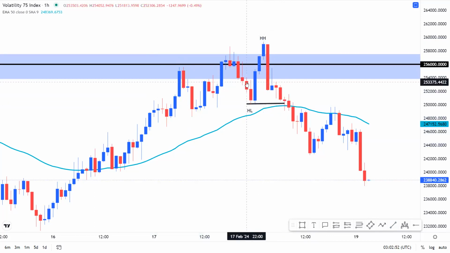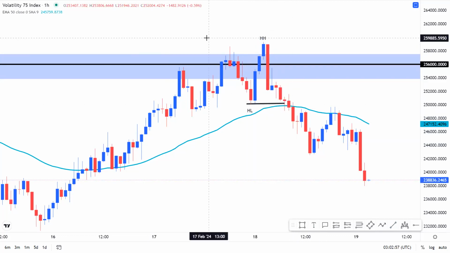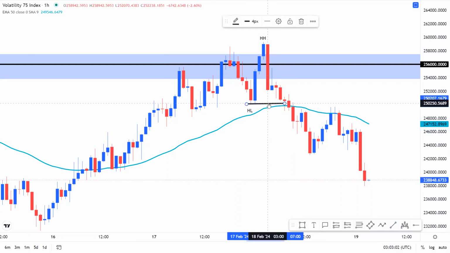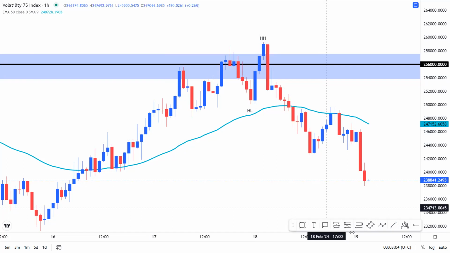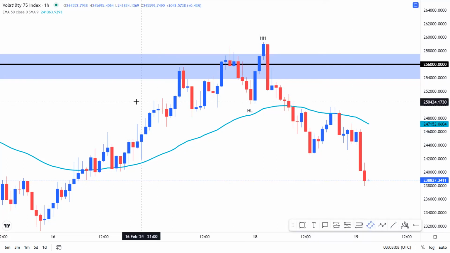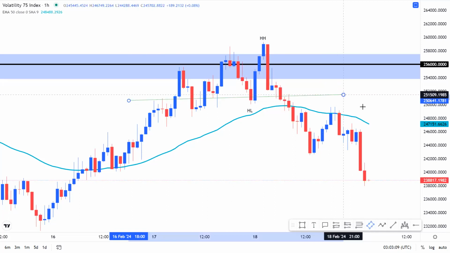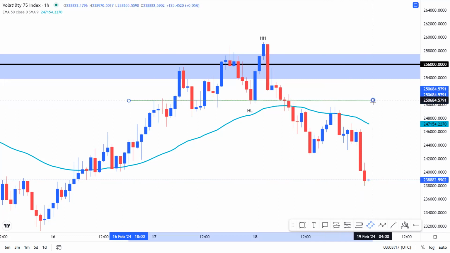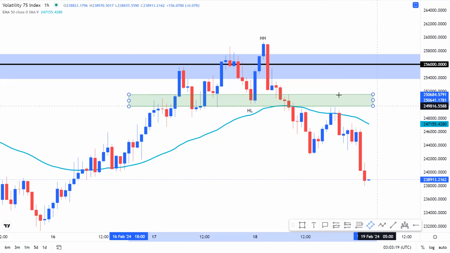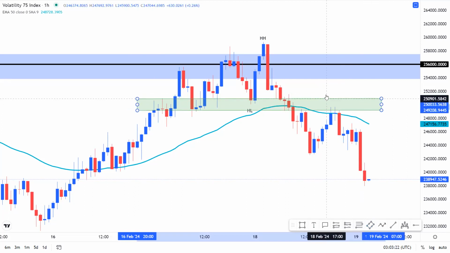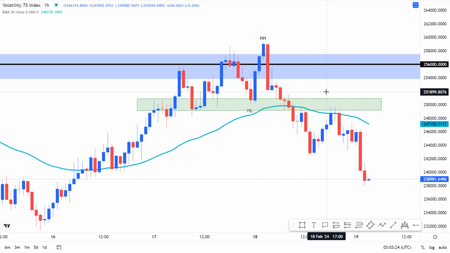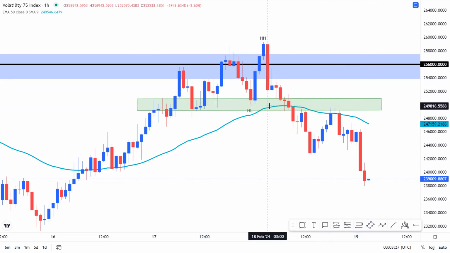Having seen this happen with the hourly time frame structure in line with the daily time frame directional bias, I went to identify a level where I was going to look to go in for a sell. I had this level.